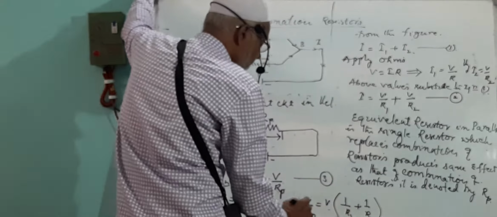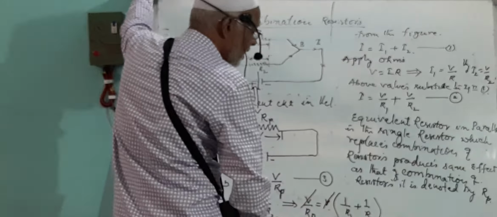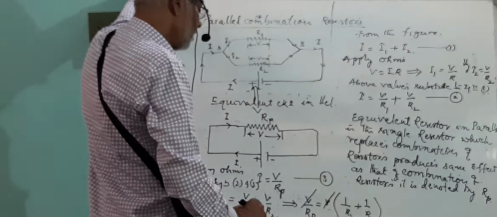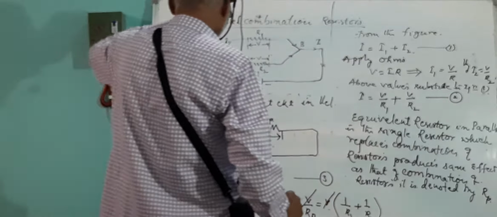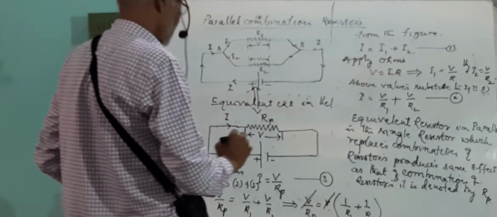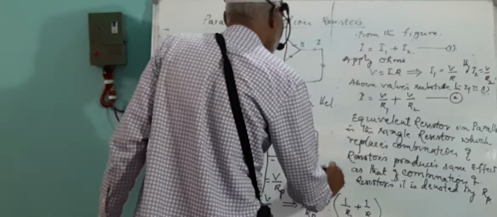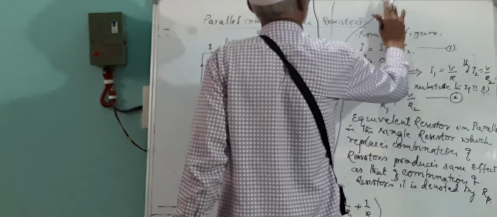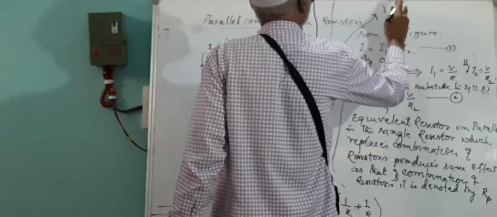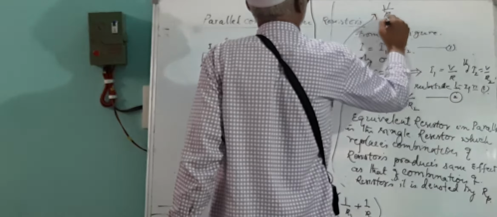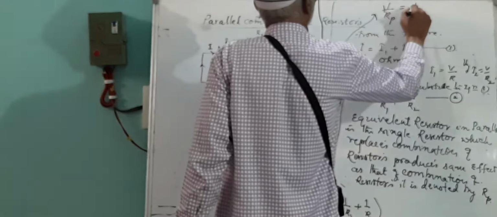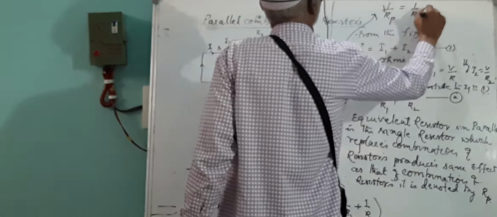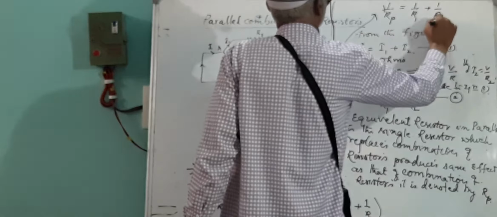You see that this V gets cancelled. Finally we are left with the expression 1 upon Rp, which is equal to 1 upon R1 plus 1 upon R2.